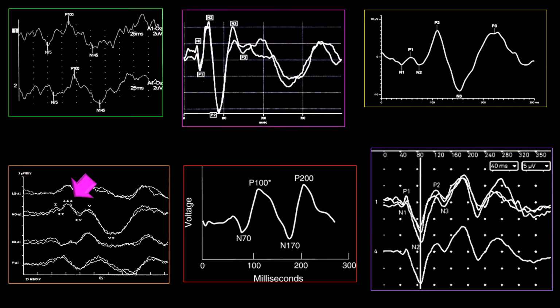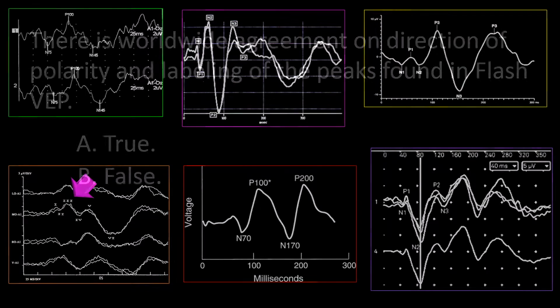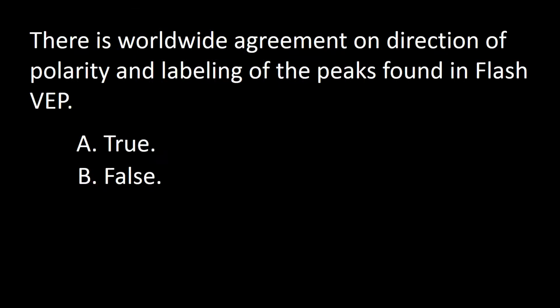This one uses Roman numbers to label the different peaks. This is the labeling system that is recommended by the Academy of Clinical Neurophysiology. So the answer to this question is false.